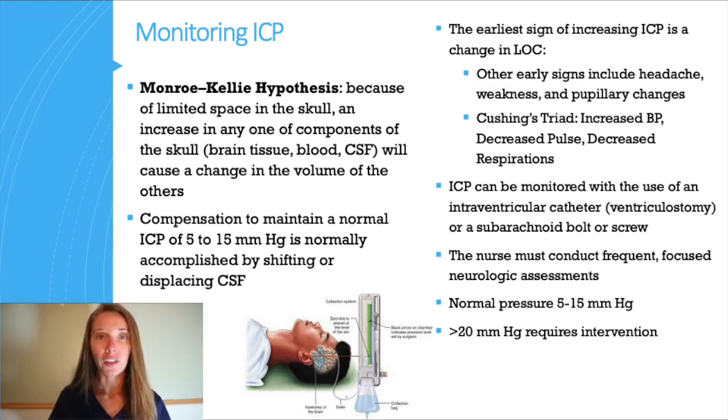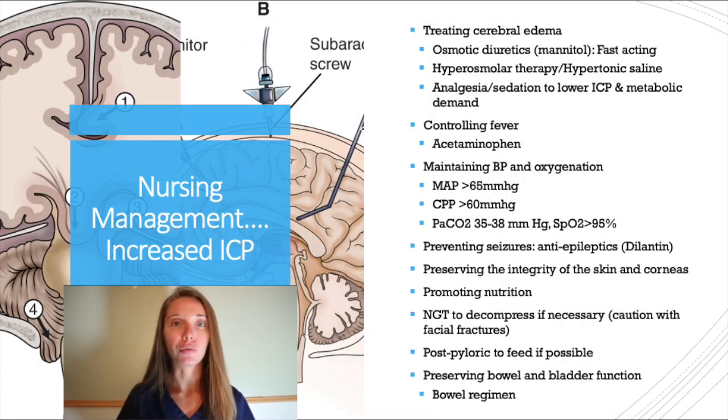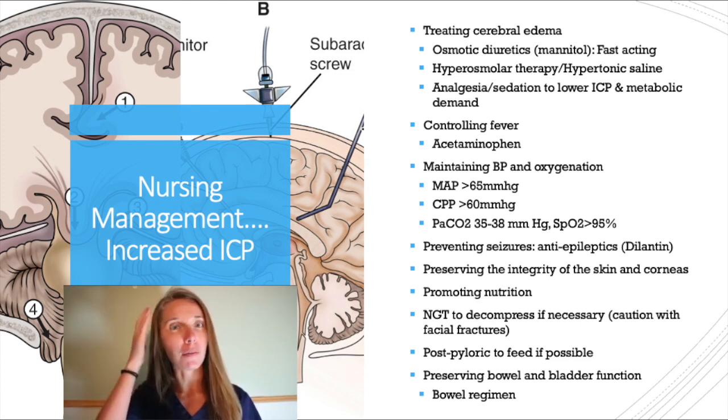So in order to further treat increased intracranial pressure, we are going to administer certain medications to decrease cerebral edema. In other words, we are going to pull extra fluid out of the brain and pull that fluid back into the intravascular space to reduce the amount of swelling occurring in our brain cells.